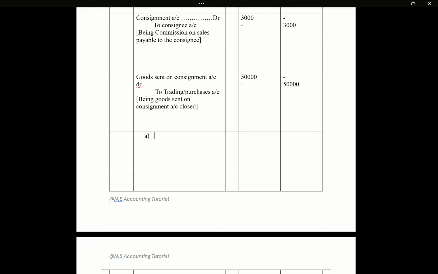Consignment account debit to profit and loss account.